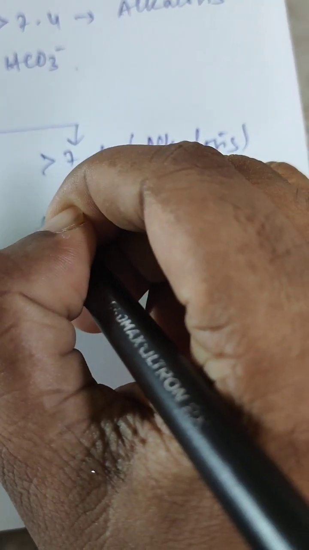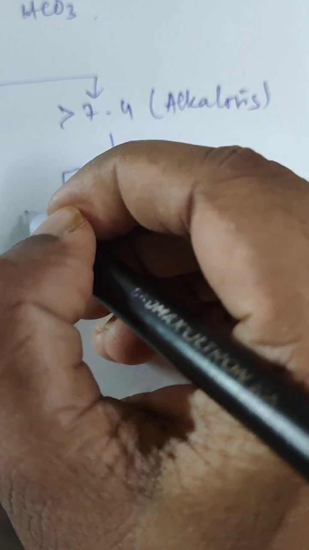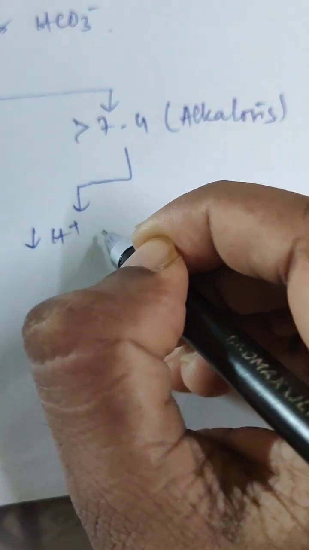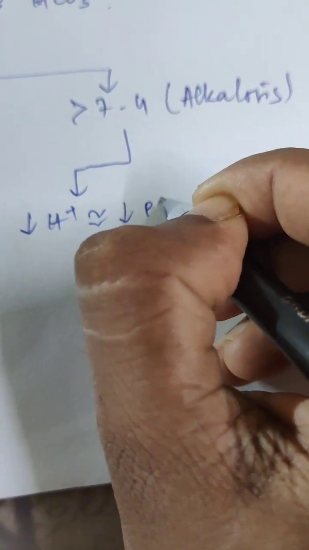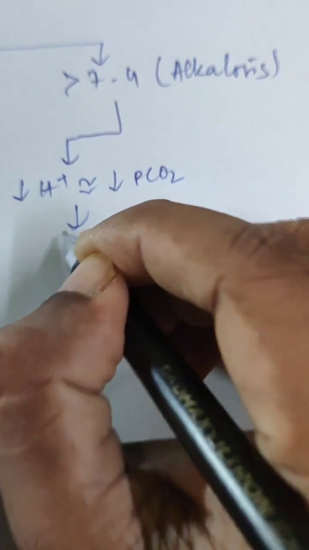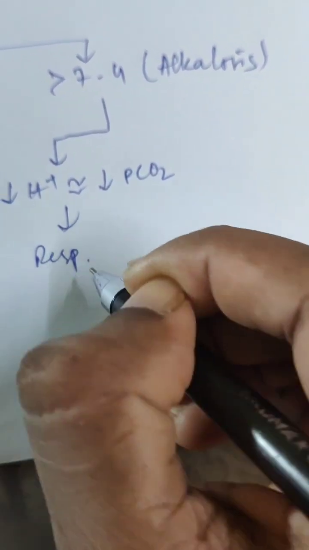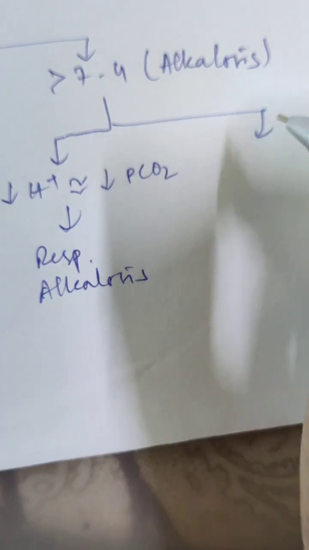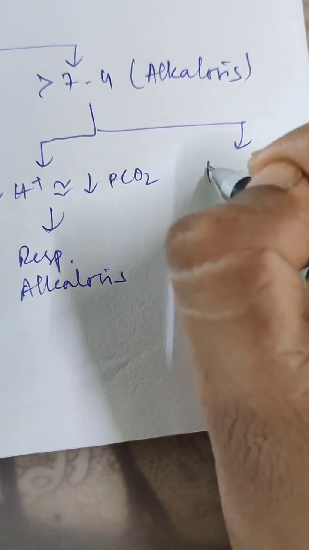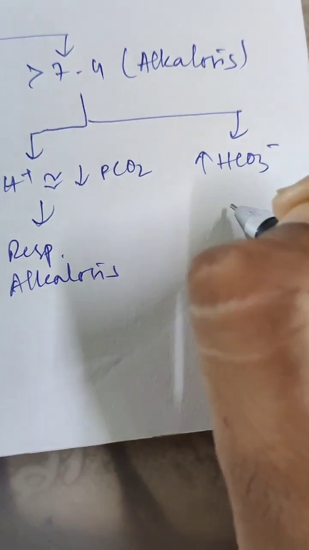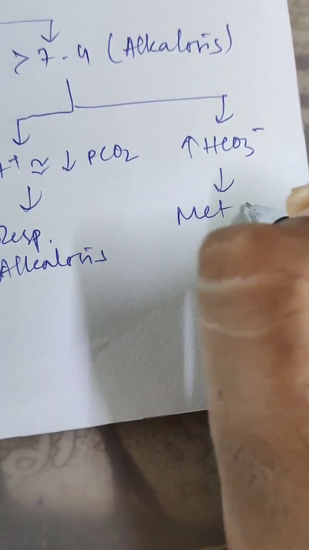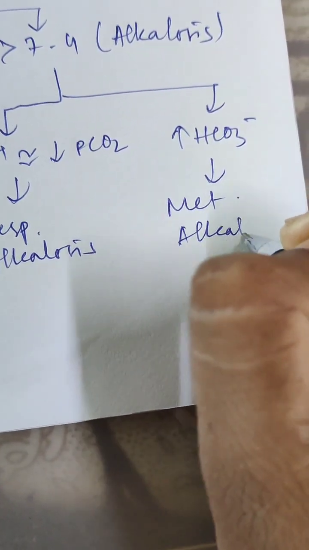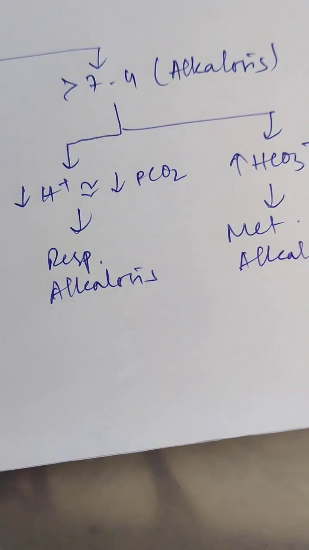So it can occur if H plus is decreased, that means PCO2 is decreased, then it will be called respiratory alkalosis. And if alkalosis happens due to excess of bicarbonate, it will be called metabolic alkalosis. Okay, fine.